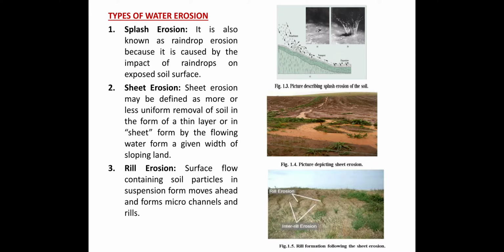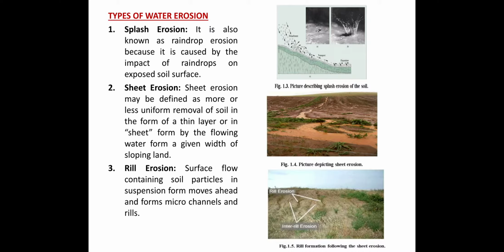As there is splashing of soil particles into the air, this raindrop erosion is called the splash erosion.